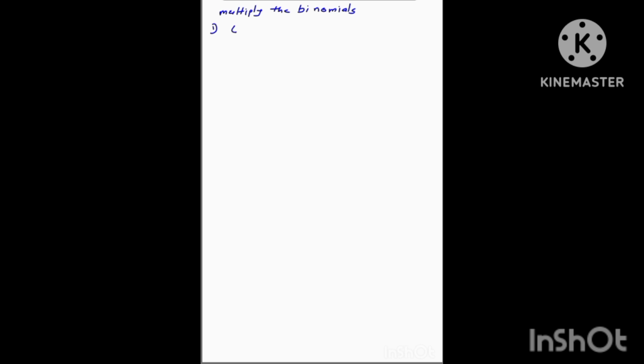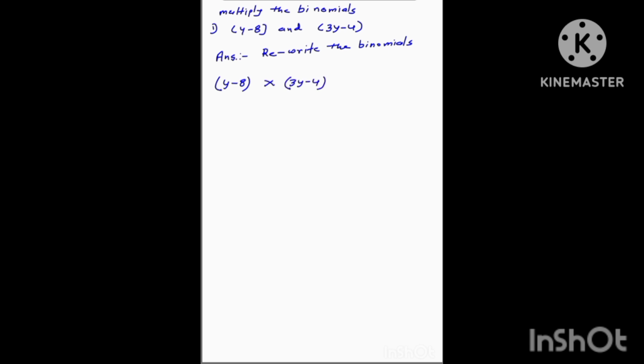First one: y minus 8 and 3y minus 4. Very easy multiplication. Rewrite the binomials: y minus 8 into 3y minus 4.